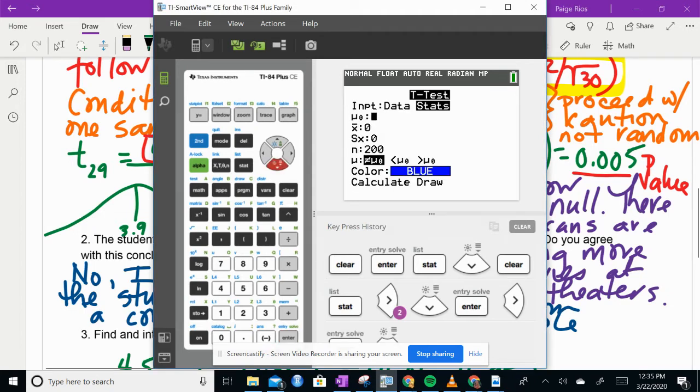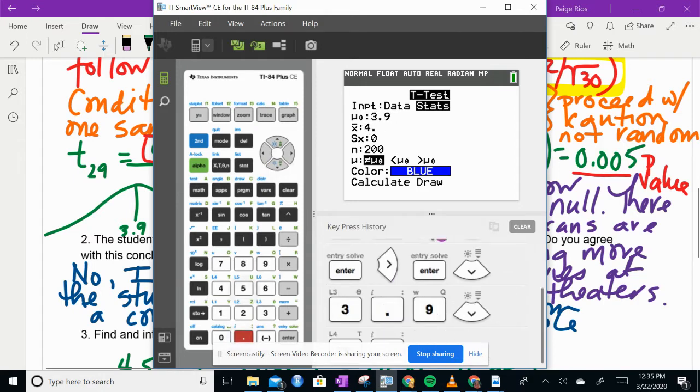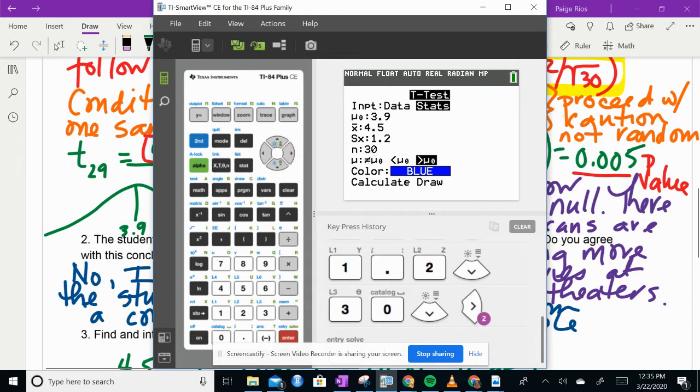My null goes in this spot, the null mean. My sample mean goes here. My standard deviation was 1.2, and my sample size was 30. We had an alternative hypothesis of greater than, and so let's have it calculate first.